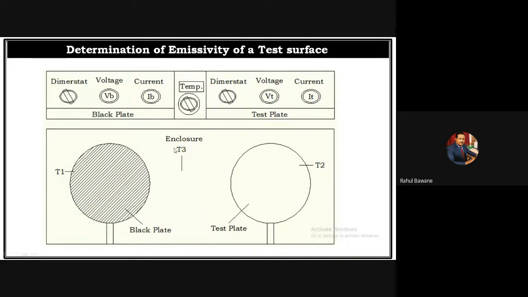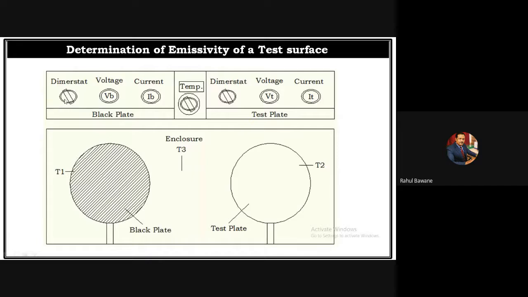In our experiment, first we shift the knob towards the black body. Then with the help of the dimmerstat, we set a particular voltage supply to the black plate, suppose 50 volts.